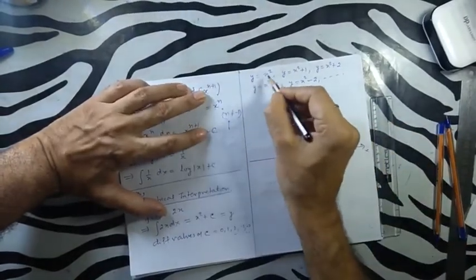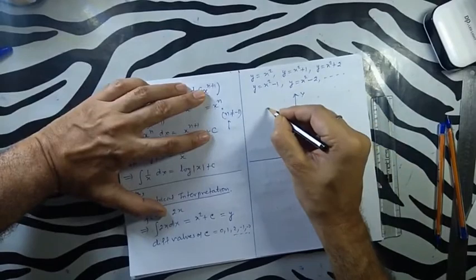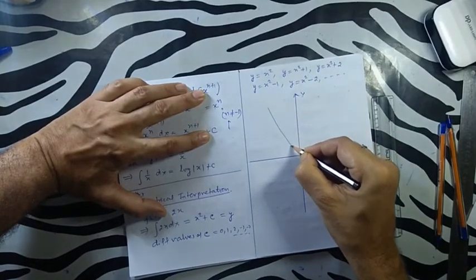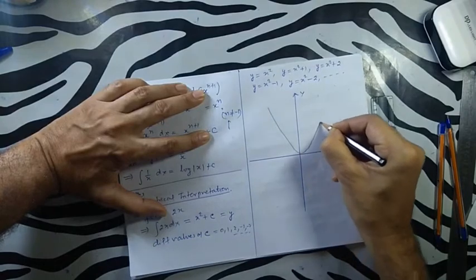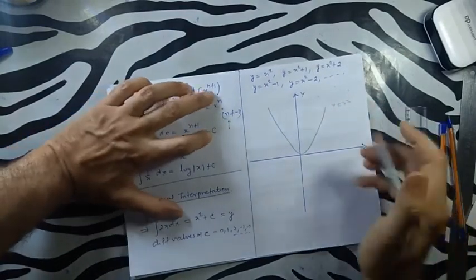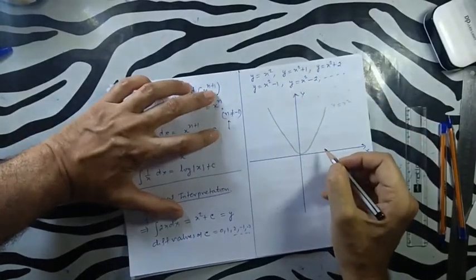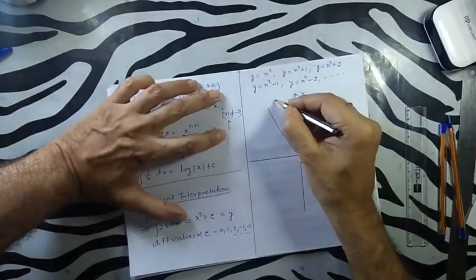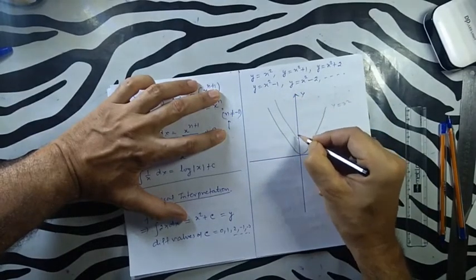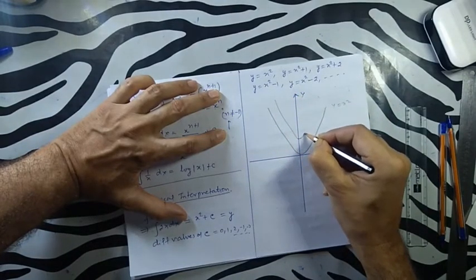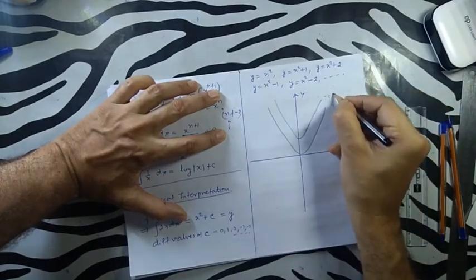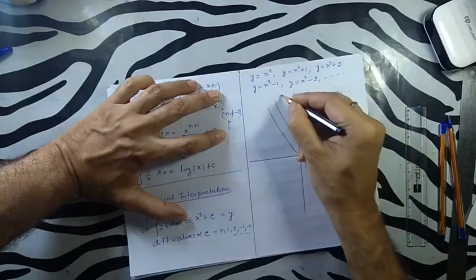If we draw y is equal to x square, it passes through 0, 0, and the graph is like this. Similarly, if we plot y is equal to x square plus 1, the point will be where it intersects the y-axis, 0, 1.